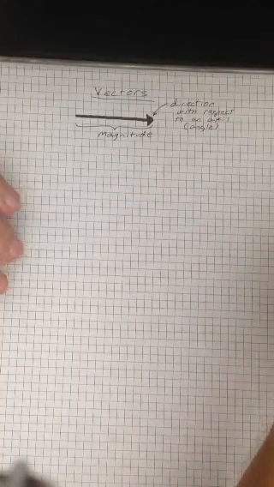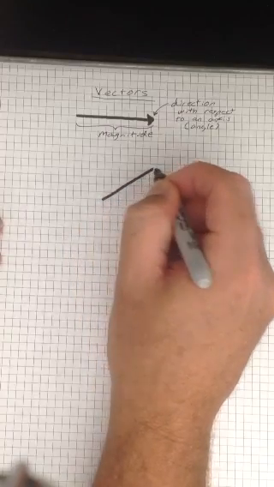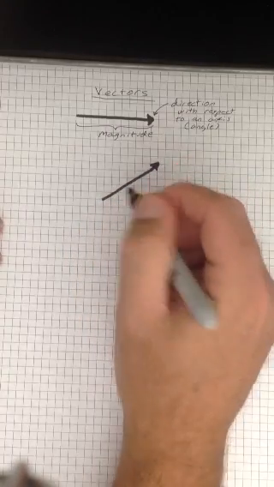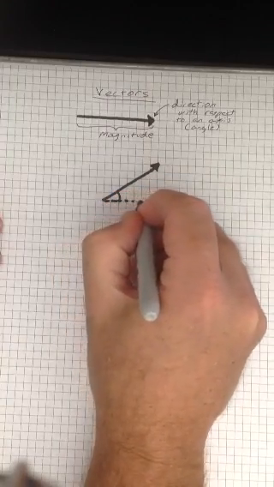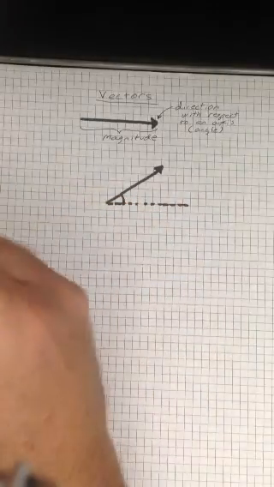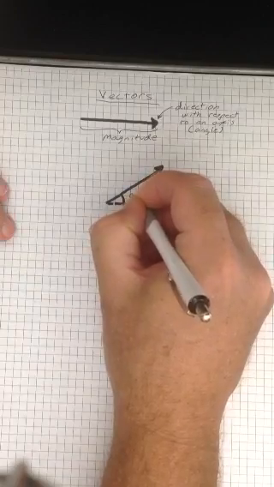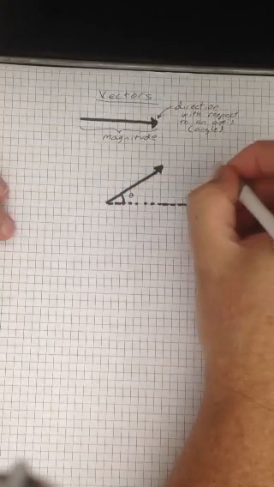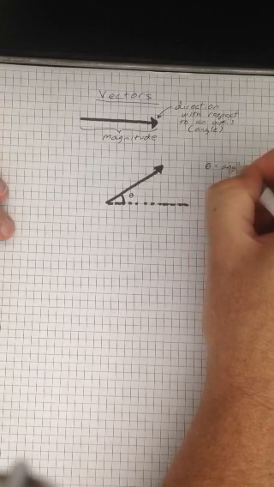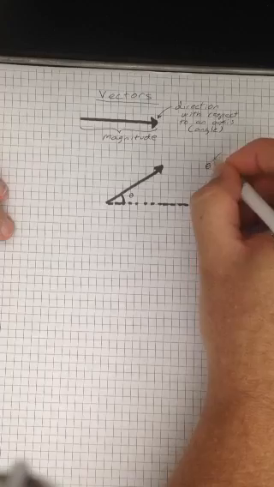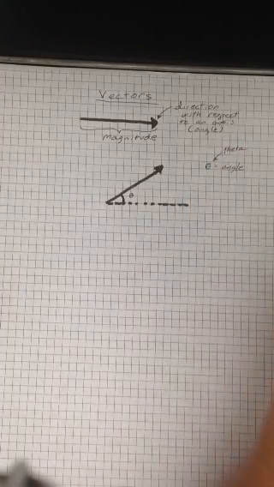For instance, we can have a vector here that comes up like this, and we would say that this is at an angle with respect to the x-axis. Here's the x-axis right there, and this angle would be labeled as theta. Theta equals angle. This is a Greek letter, theta, or theta, depending on how you want to pronounce that.